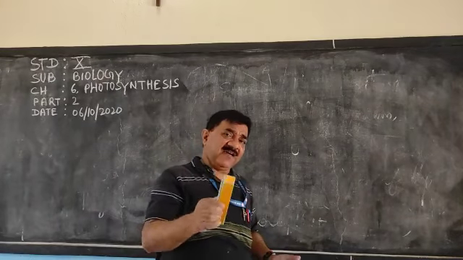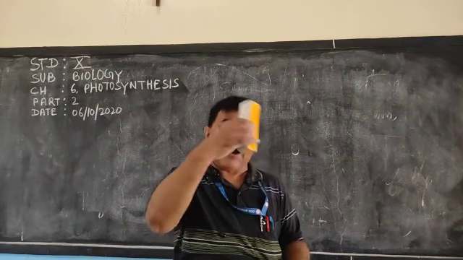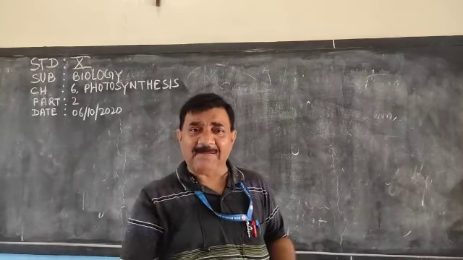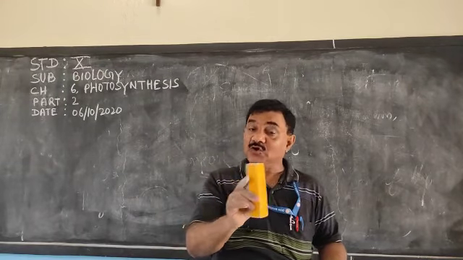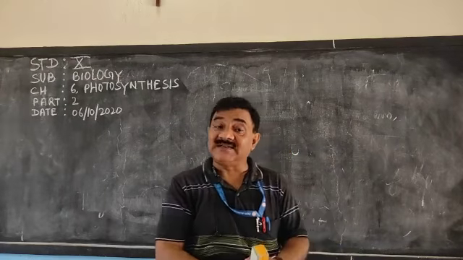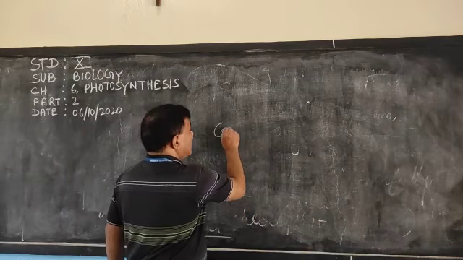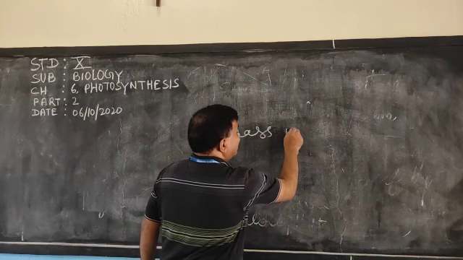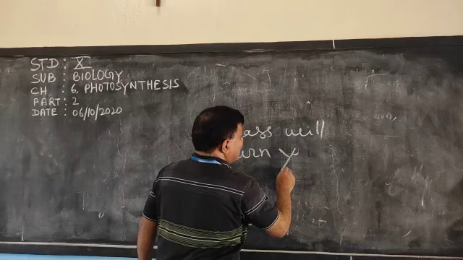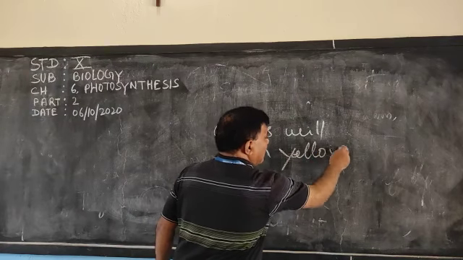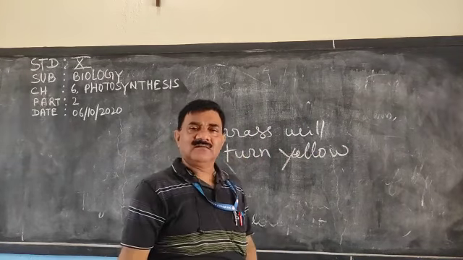If you remove the brick after 2 days, what will happen? Will the grass remain green? No. The grass will turn yellow. Why? What happened to the chlorophyll?